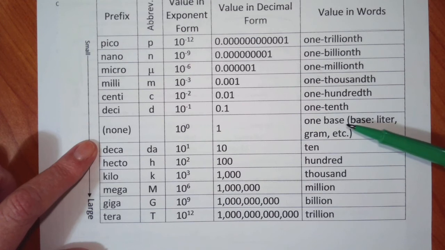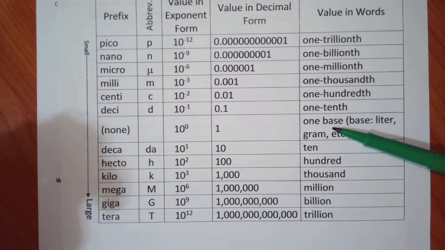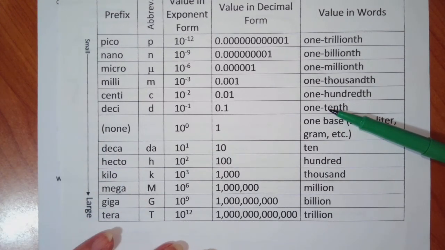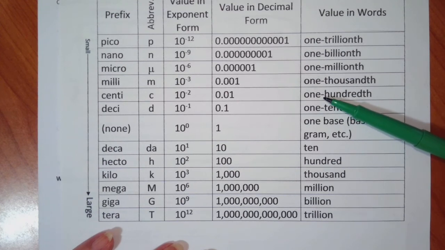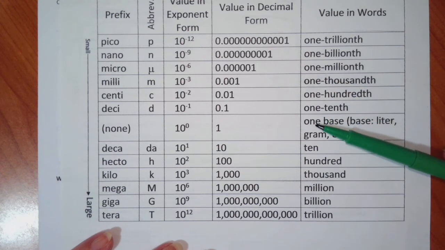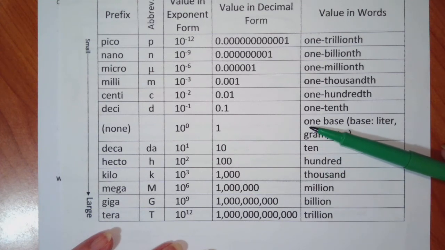This is where you start. This is either your liter, your gram, your meter, whatever. So anything smaller than a meter, like a centimeter, would be 1/100th of a meter. A millimeter would be 1/1000th of a meter. Then if you go this way, a kilometer is going to be 1,000 times the length of a meter.